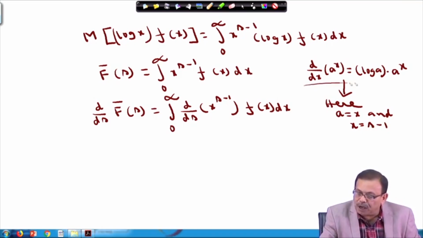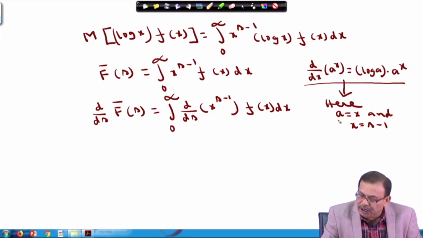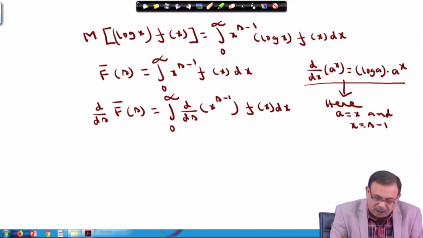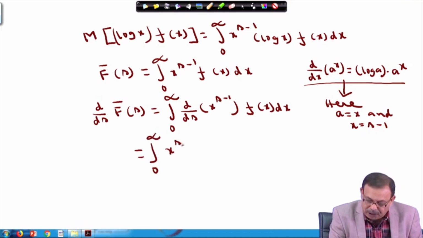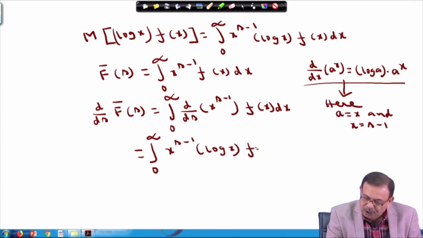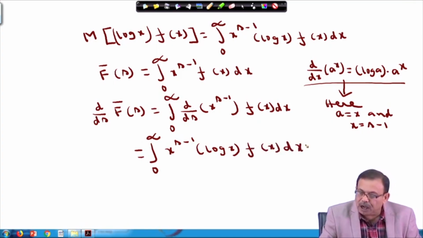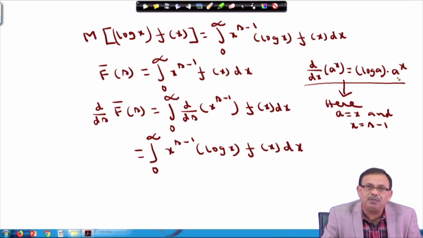If I use this formula here, you can write down the integral from 0 to infinity of x to the power s minus 1 into log x into f(x) dx. I am getting this using the differentiation d/dx of a to the power x equals log a into a to the power x, and for d/ds of x to the power s minus 1, a will be x and x will be s minus 1.